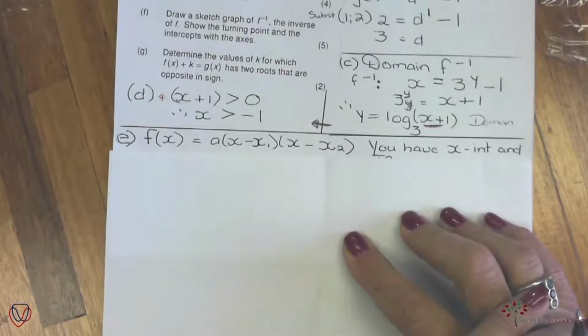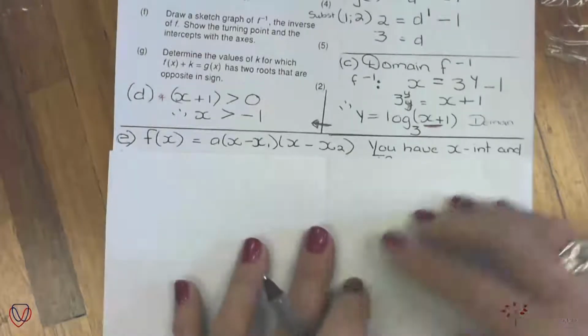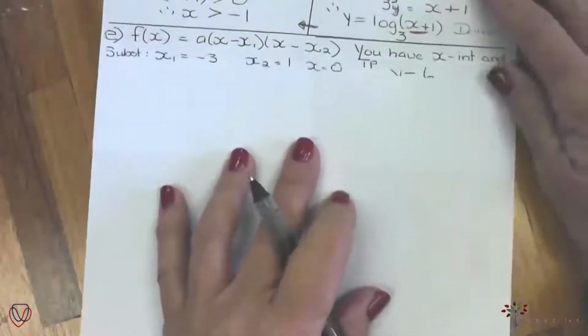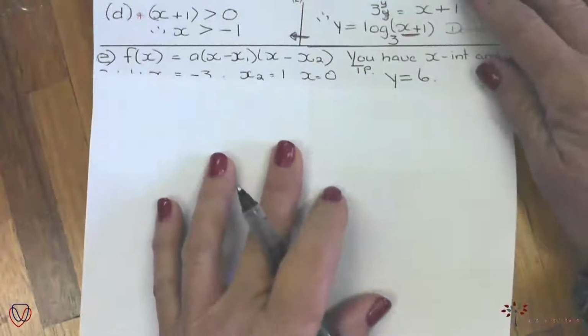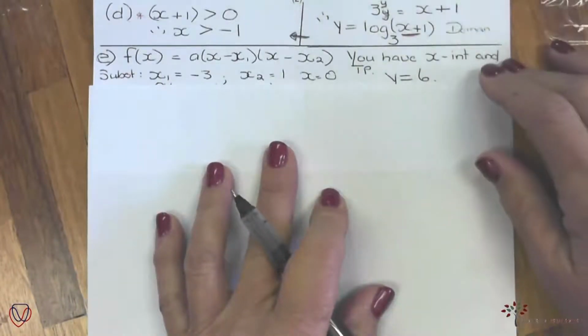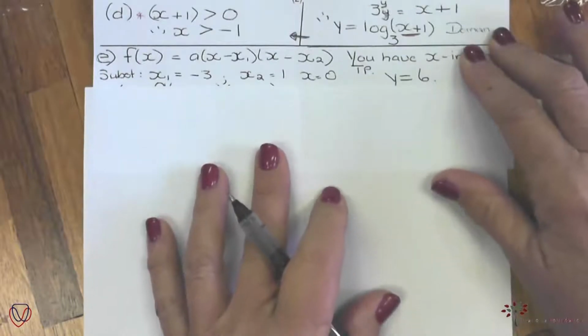You are going to use f(x) is a(x minus p) squared plus q, where p and q is the turning point and x and y will be the other point on the graph. Right, let's have a look. You have the x-intercepts, you have them. And you have another point, y is 6.